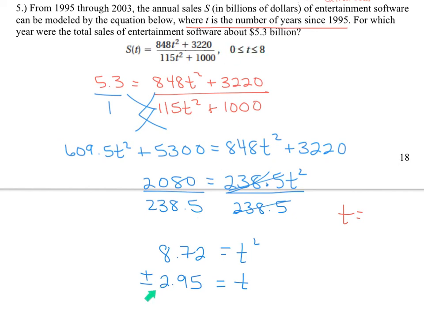So we don't include the negative 2.95. So 2.95 is your time. But it did ask us which year were the sales total. So that's about 3 years from 1995. So 1998 would be the year where the sales totaled 5.3 billion.